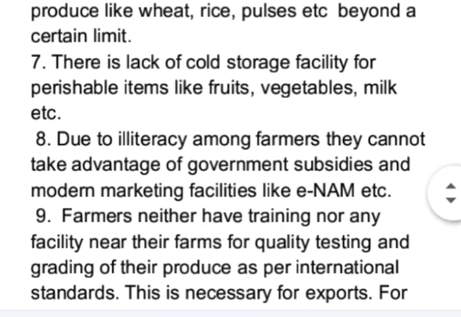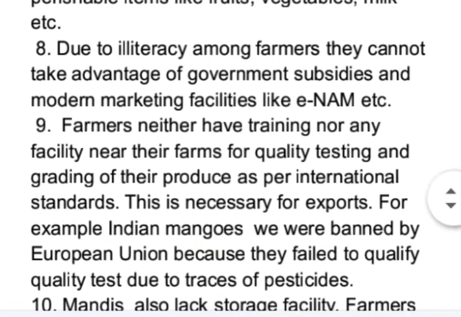Due to illiteracy among farmers, they cannot take advantage of government subsidies and modern marketing facilities like e-NAM etc. Farmers neither have training nor any facility near their farms for quality testing and grading of their produce as per international standards. This is necessary for exports.